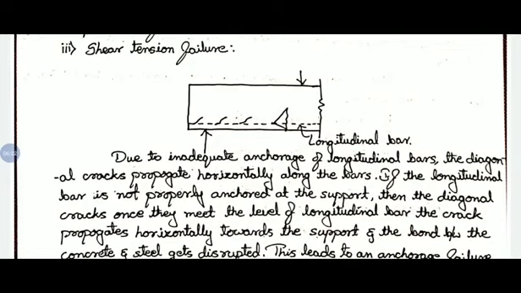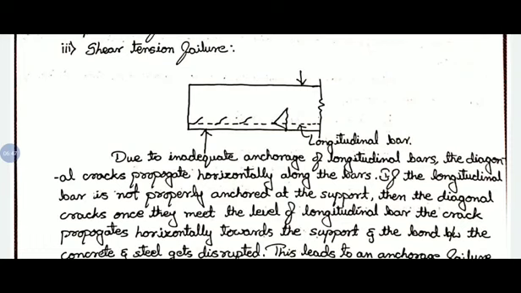If we do not provide sufficient anchorage for the longitudinal bars, the cracks will develop from the bottom of the concrete and reach the longitudinal reinforcement we have provided in the section. Once it reaches, it will propagate horizontally towards the support.